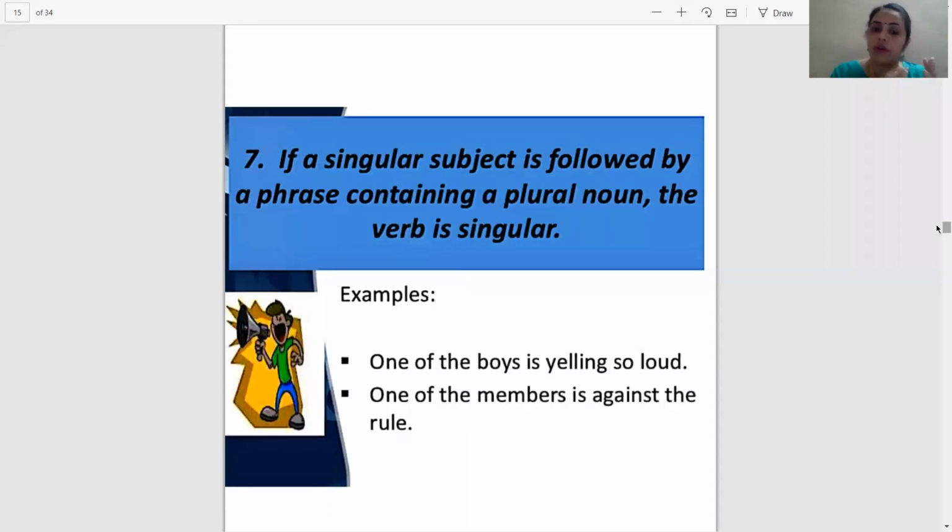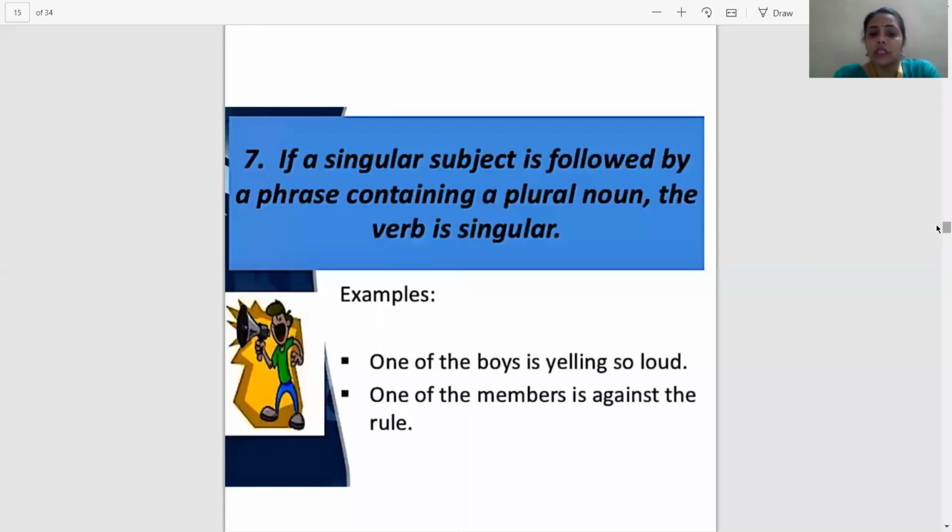So, though it is one of the members, it is always necessary to add a plural noun after the phrase one of the. You cannot use one of the boy, one of the member, one of the school. No, it has to be one of the schools, because when I say one of the schools, one of the boys, or one of the members, I'm talking of so many members, so many schools, and so many boys, but out of all those, only one I'm especially talking about.